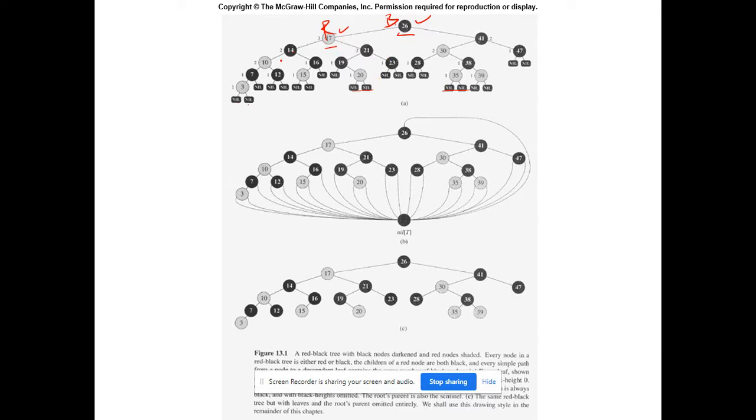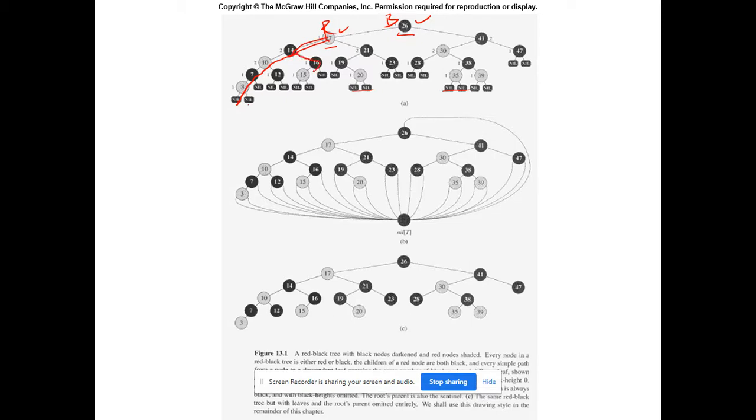Just look across the paths at how many black nodes there are. If you include the leaf node also, it will be 3 here. This path is again 3. If I add this nil also, 3, right?